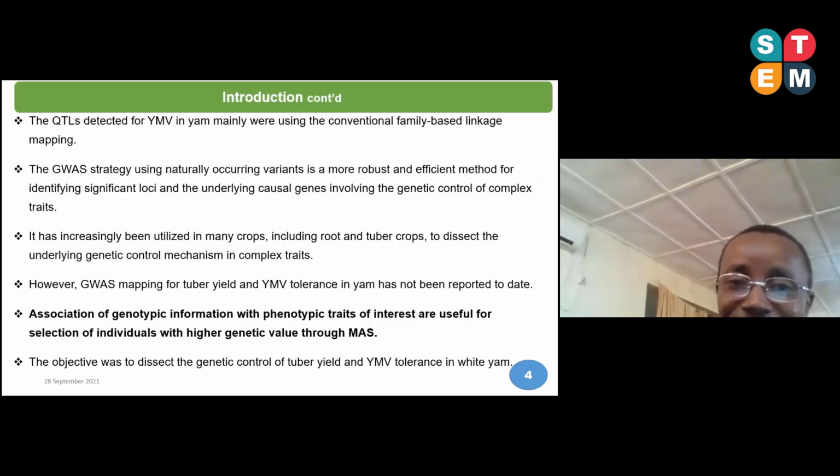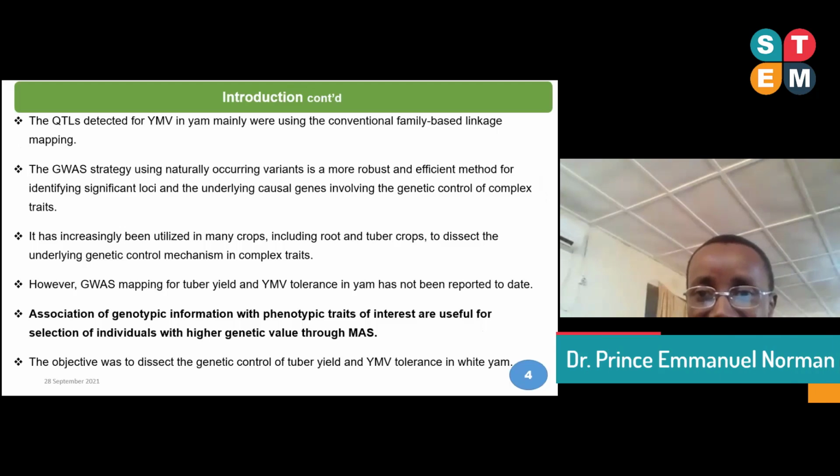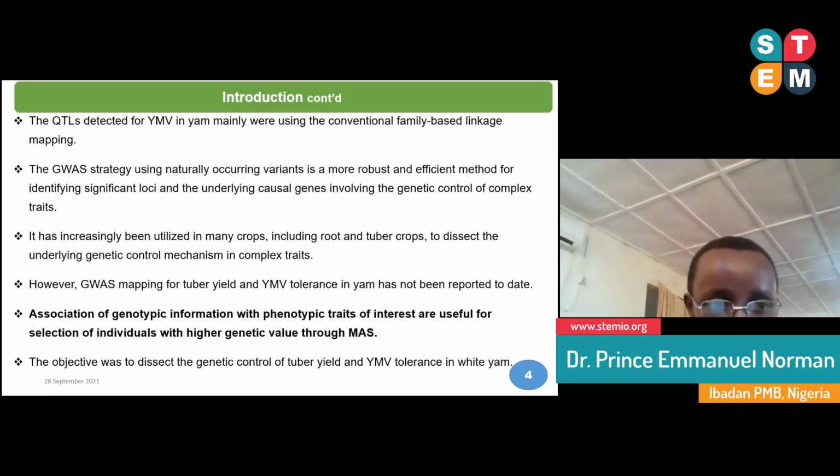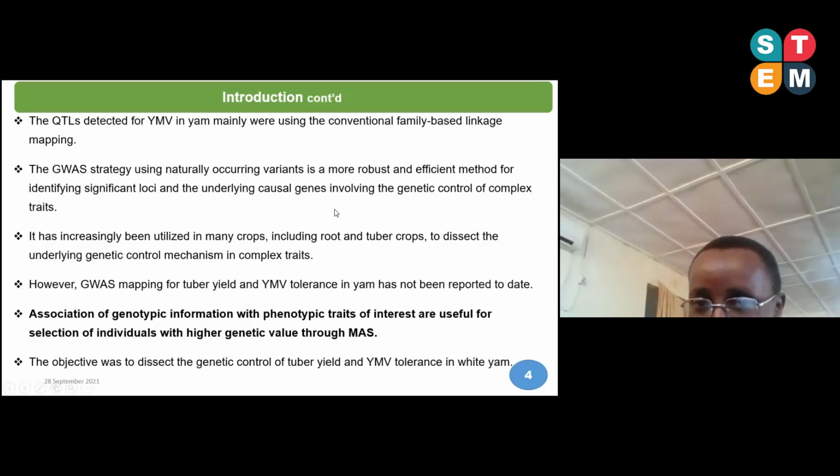So the GWAS strategy is also very important to understand the naturally occurring variants, and often robust and efficient markers are very important even in identifying significant loci and underlying causal agents involved in the genetic control of these traits. So GWAS mapping is also important, especially for yield and YAM mosaic virus tolerance for YAM.